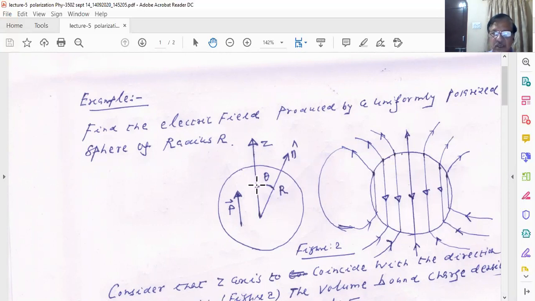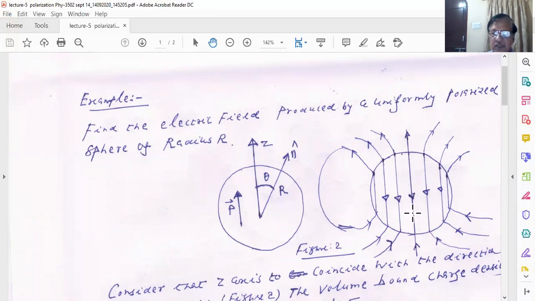Here I want to show you that if you calculate the electric field inside a uniformly polarized sphere, the electric field is uniform, and it will be observed in the negative z direction, that is, the negative k direction.